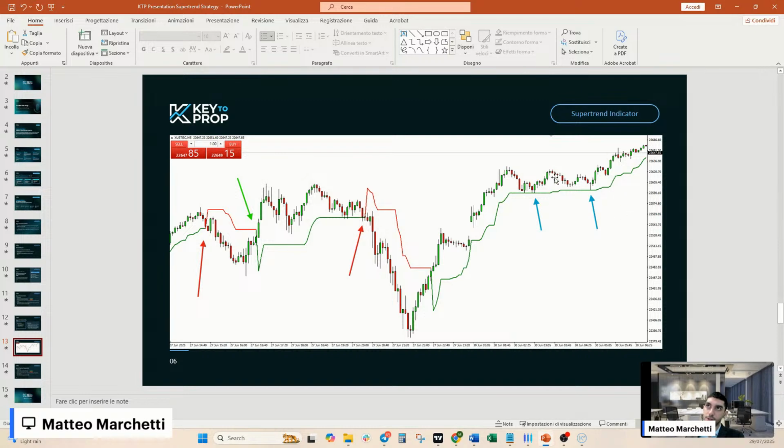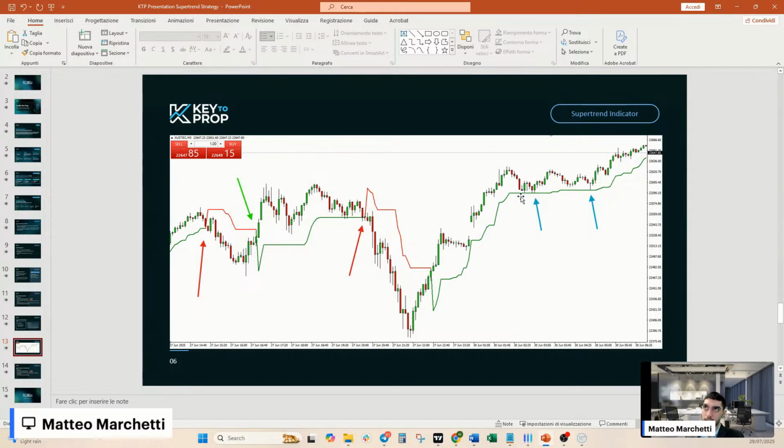a very interesting occasion we can find with this indicator without waiting for the price to break the line of the super trend. So most of the time, if you are, for example, in an uptrend and the prices retrace and retest the super trend when the super trend is in a static position. So for example, here is moving, here is static, here is moving, static, moving, static.